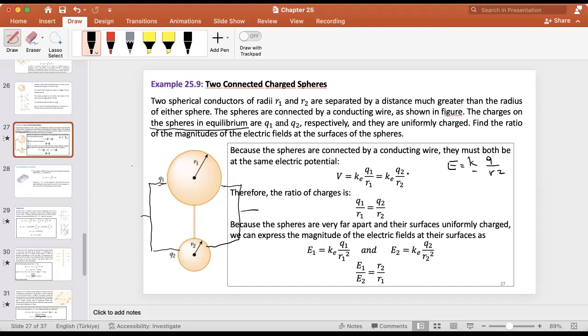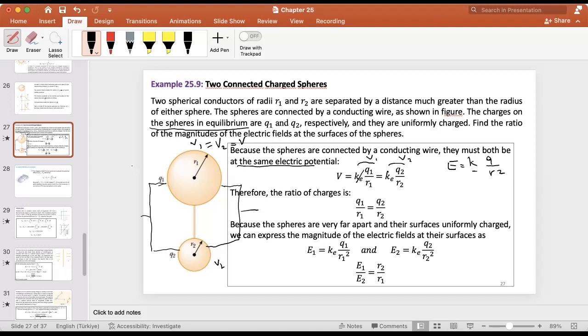Just assume it this way. As we know, their potentials are the same. Just say this is V1 and this is V2, and their potential is the same, so we can call it V. Okay, continue. I can write V1 here, V2 is here, perfect.